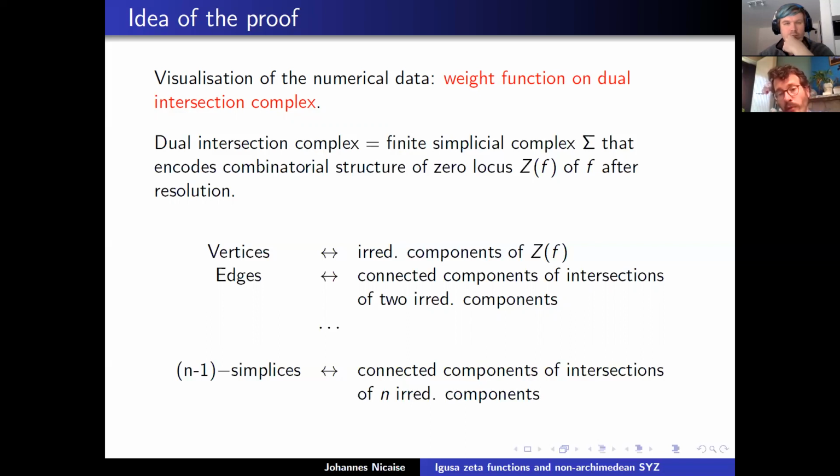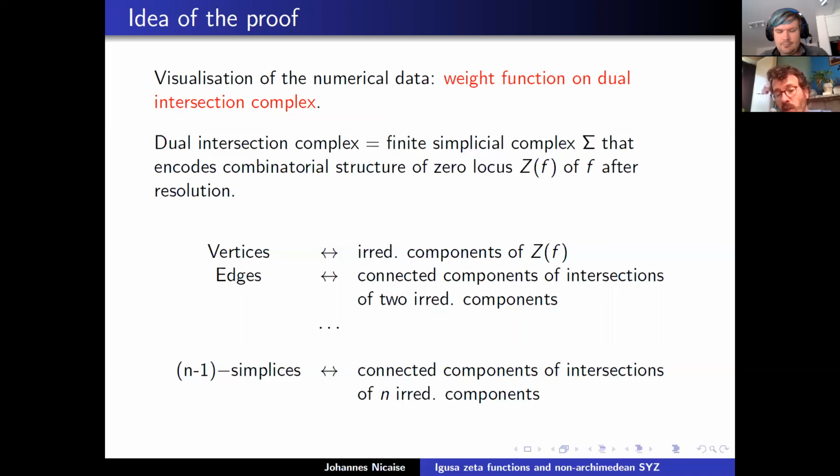More precisely, if we have two irreducible components corresponding to two vertices in the dual intersection complex, then the number of edges between these two vertices equals the number of connected components of the intersection of the two irreducible components. And this goes on in higher dimensions. Well, the maximal dimension of a simplex is n-1.